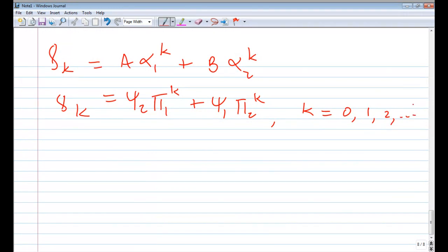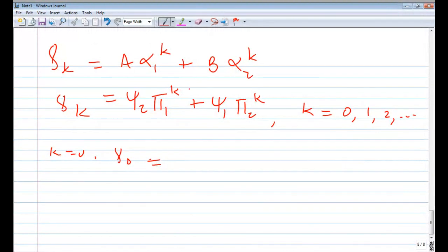What does that mean? This is what we have been looking for, because they said calculate the autocorrelation functions. Let's say at lag 1 or lag 0 or lag 2 or lag 3. So now if you let k to be equal to 0, you're going to get rho 0.